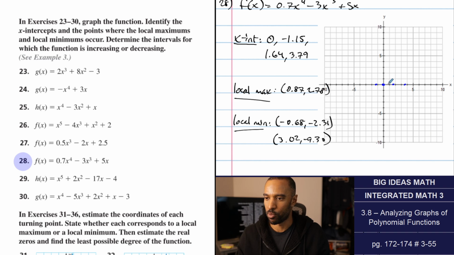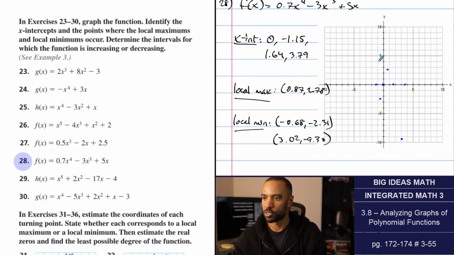Okay. All right, let's get these points plotted. Got a local max at 0.87, comma 2.78. Local min, -0.68, comma -2.31. And then 3.02, so 3, comma -9.30. Okay, about like that.